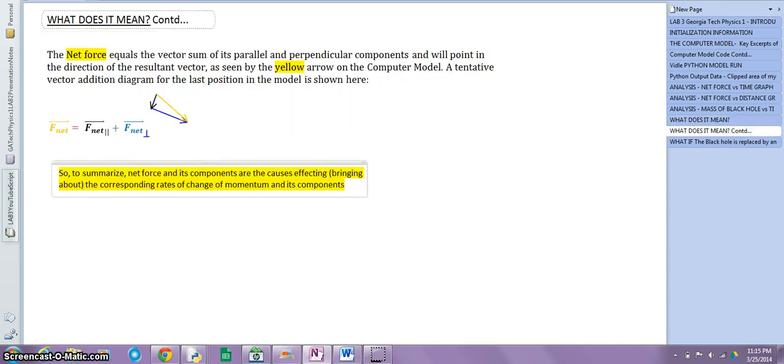This means that the net force and its components are the causes effecting or bringing about the corresponding changes in the rates of change of momentum and its components.